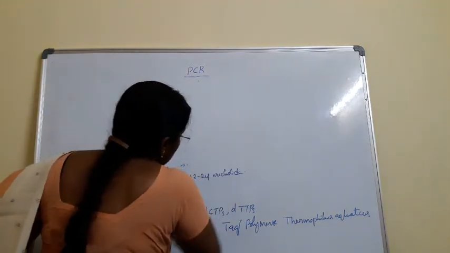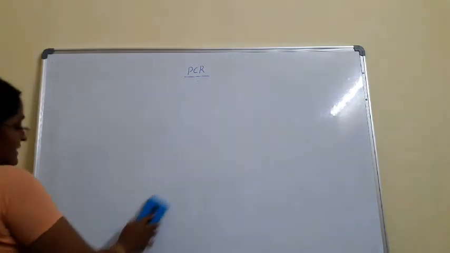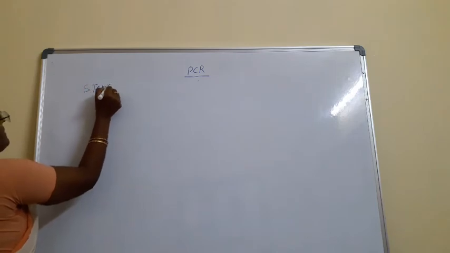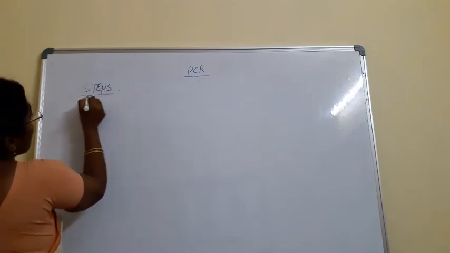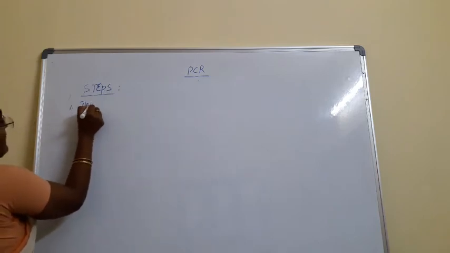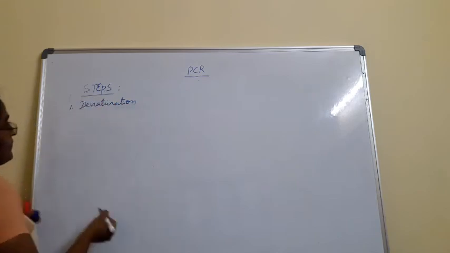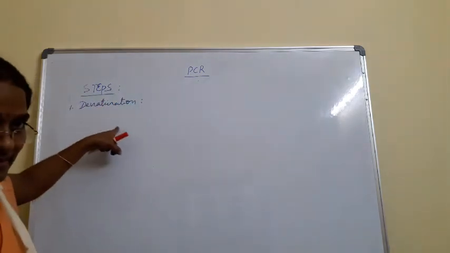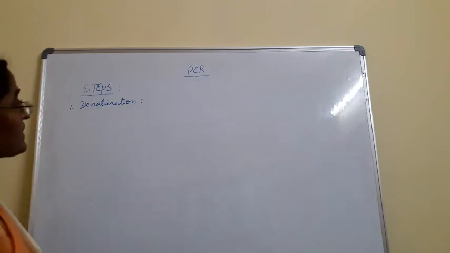What are the steps involved in PCR? Basically 3 steps are involved in PCR. First one is denaturation. In this step, the reaction mixture is heated.